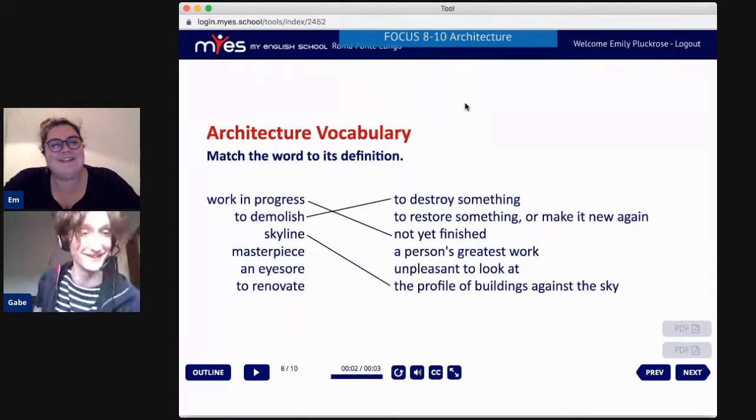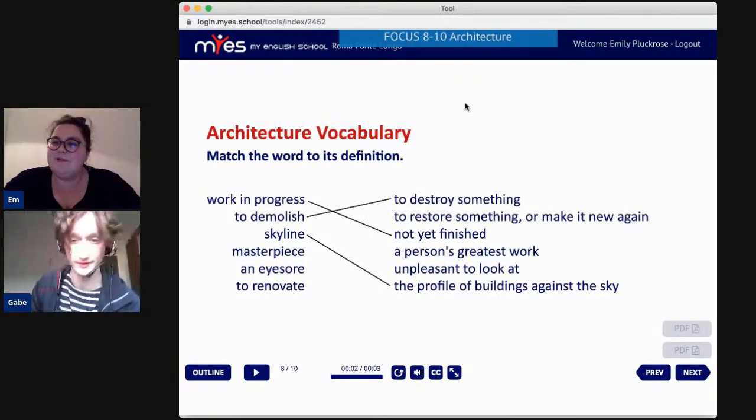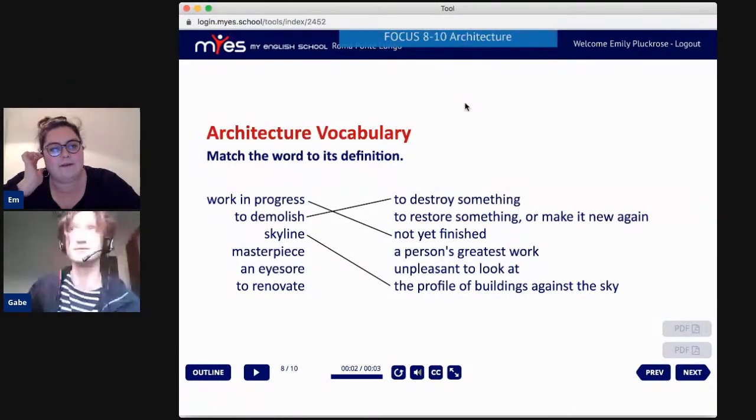Your example with cake has reminded me that I have a friend who always uses demolish to talk about alcohol. He always says he's going to demolish a bottle of wine or whatever. Yeah, that works as well. Although with alcohol in English, I feel you can use almost any verb to describe drinking or being in a state of drunk.